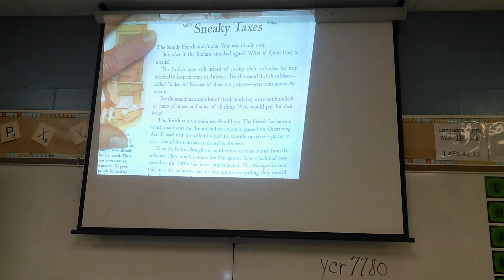Who would pay for their keep? The British said the colonists should pay. The British Parliament, which made laws for Britain and its colonies, passed the Quartering Act. It said that the colonists had to provide quarters, places to live, for all the redcoats stationed in America.